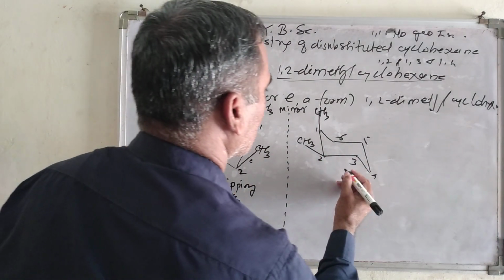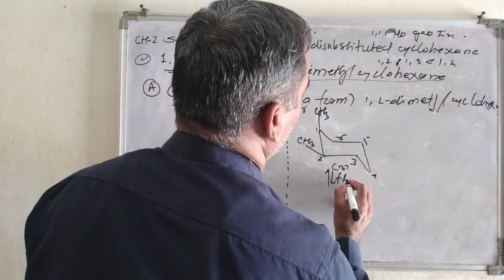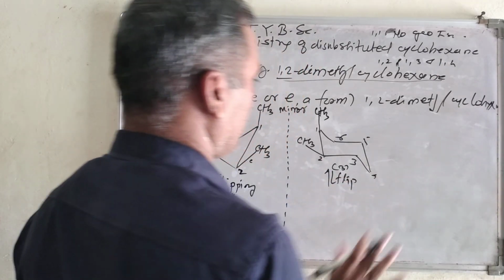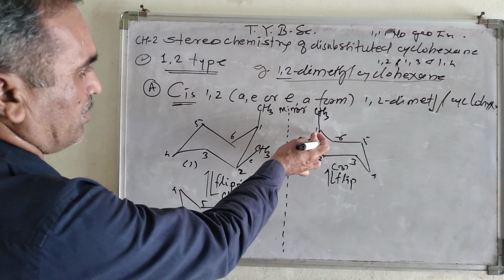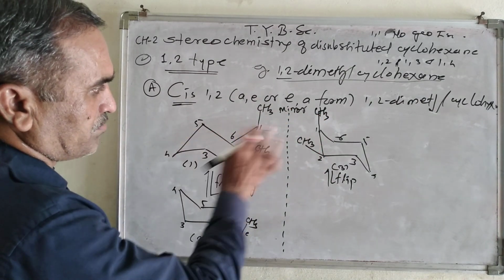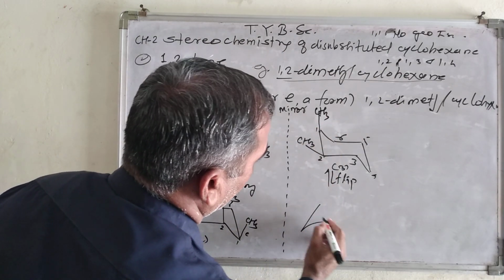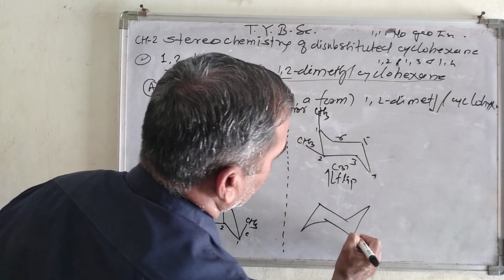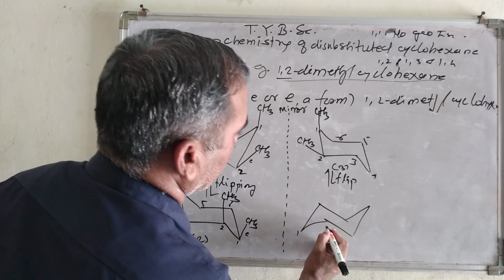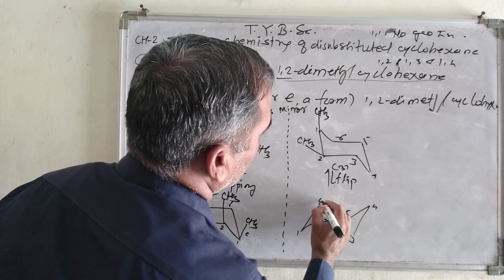Now we can call this structure number 3, and after the flipping process, or you can call it a flip, what is happening? Axial becomes equatorial and equatorial becomes axial. So now the carbon atom that was above goes below the plane, right? Like this. This is carbon number 1, this one is 2, 3, 4, 5 and 6.